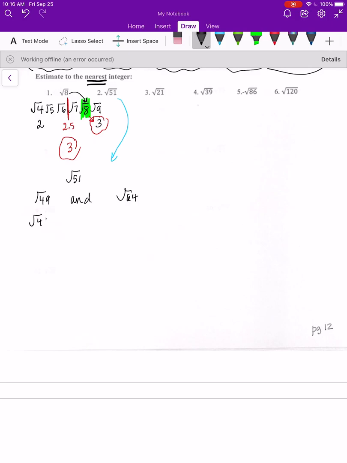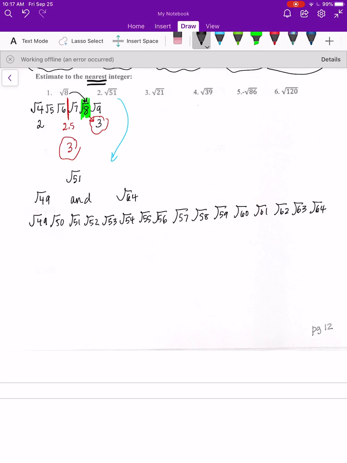So it'd be 49 and 50 and 51 and 52 and 53. And you don't have to write all these down in your notes if you don't want to. 54, 55, 56, 57, 58, 59, 60, 61, 62, 63, and 64.